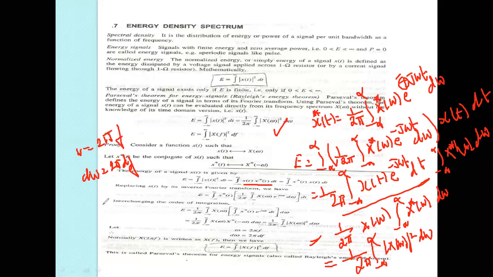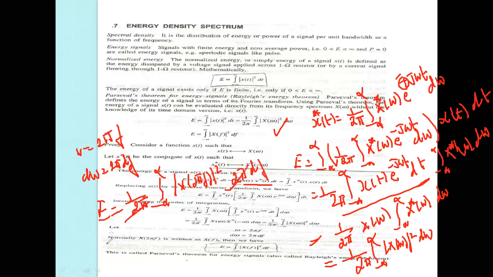Now substitute here. The energy E is equal to 1 by 2 pi times the integral from minus infinity to infinity of the squared magnitude of x of 2 pi f, times d omega, which is 2 pi times df.